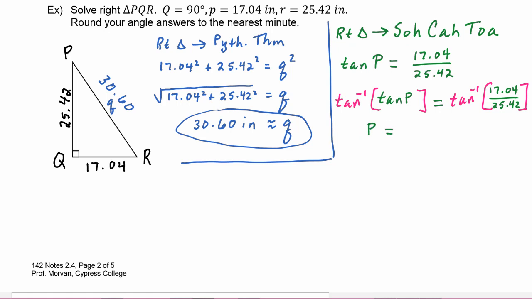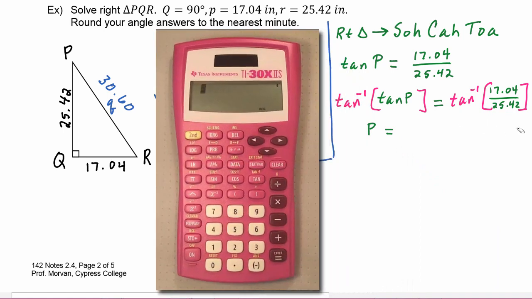On the right-hand side, we're going to grab our calculators, hit second, get tangent inverse, 17.04 divided by 25.42, close your parentheses and hit enter, and we see that that comes out on our calculator.